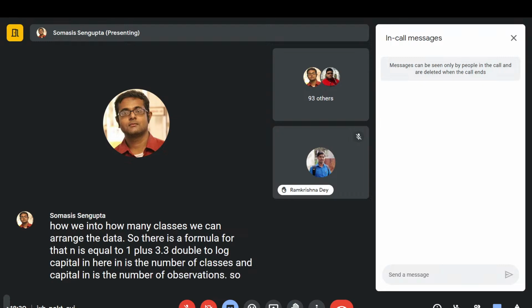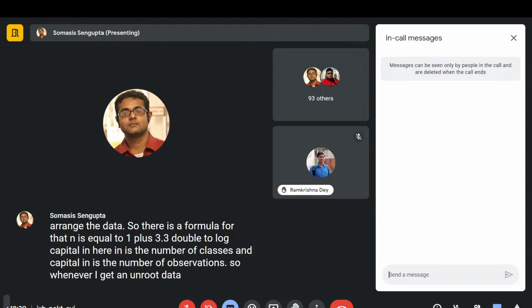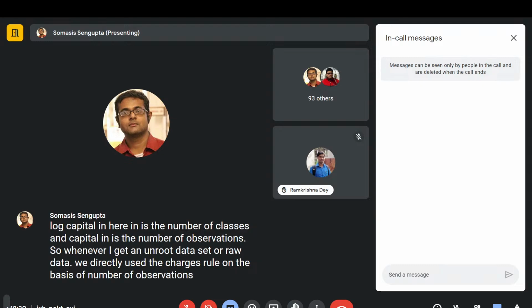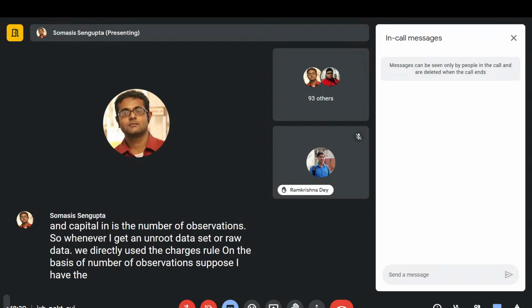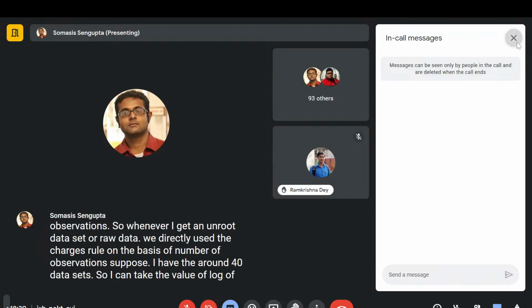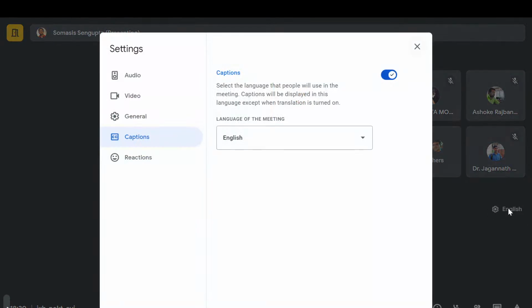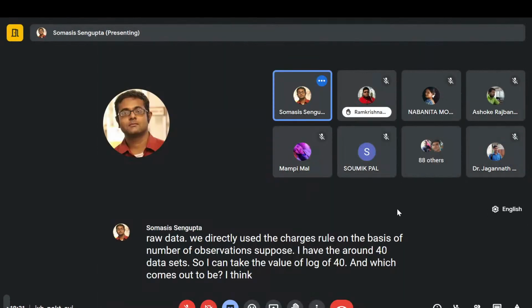So whenever I get an ungrouped data set or raw data, we directly use the Sturges rule on the basis of the number of observations. Suppose I have around 40 data points. So I can take the value of log of 40, which comes out to be, I think, I'll just check and tell you.